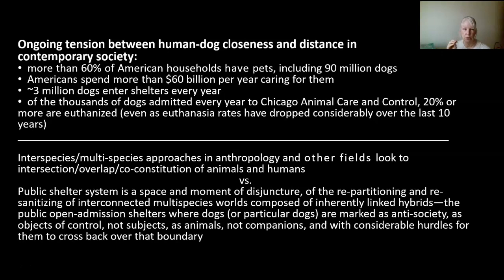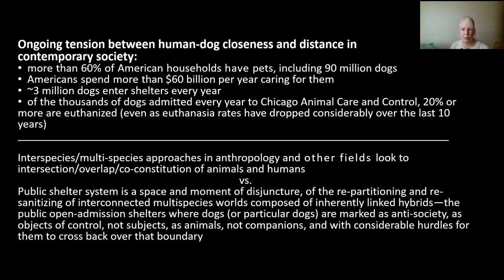So that's about our closeness. In some cases, even our oneness. On the other hand, the same societies that are producing this literature also have a public shelter system in place and operating that feels like it's precisely about the disjuncture between what it means to be a human and what it means to be a dog, right?